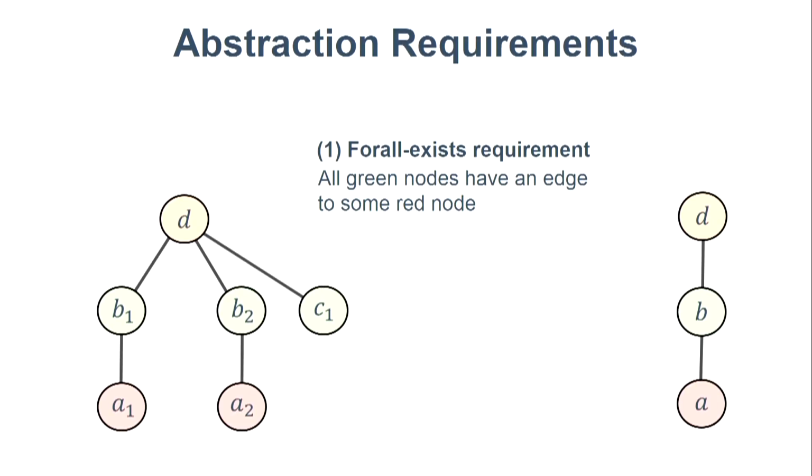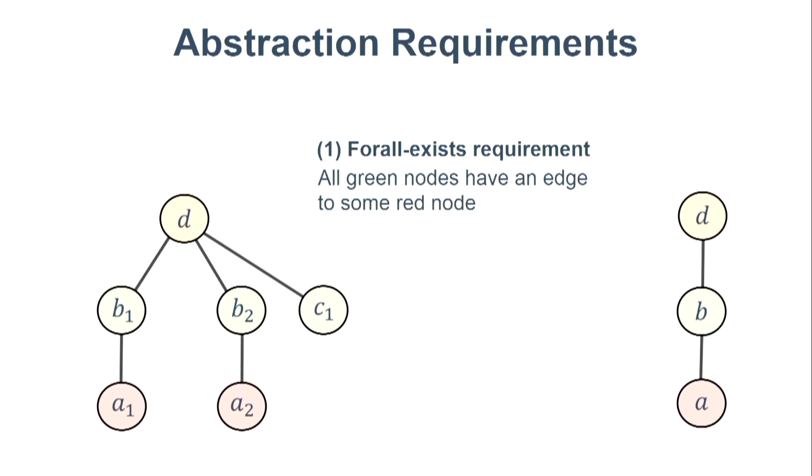But if we were to go ahead and add a node, such as the node C1, and try to color it green, placing it into the same group as B1 and B2, this would be an invalid abstraction. The picture on the right would be an invalid abstraction of this concrete network, because C1 needs to have an edge to some red node, and it doesn't.